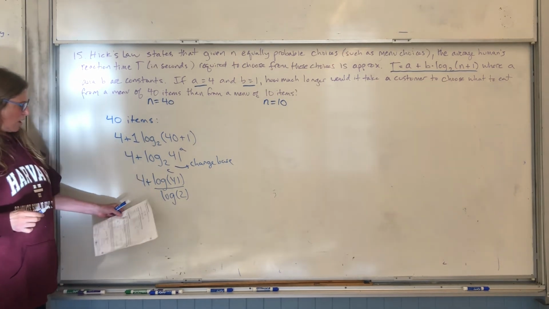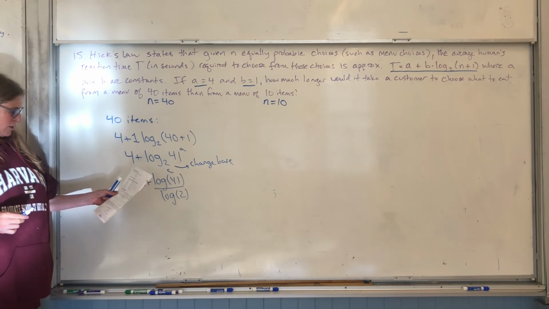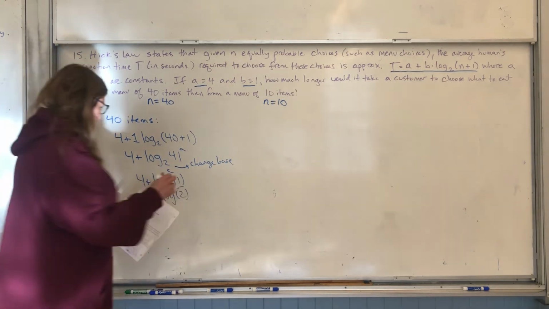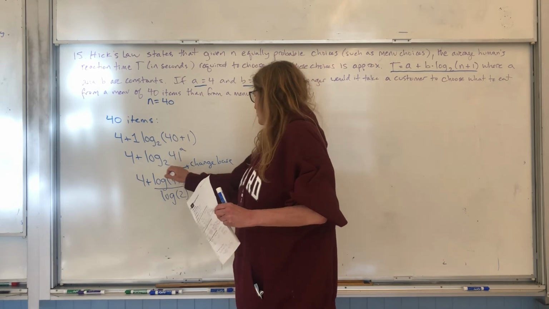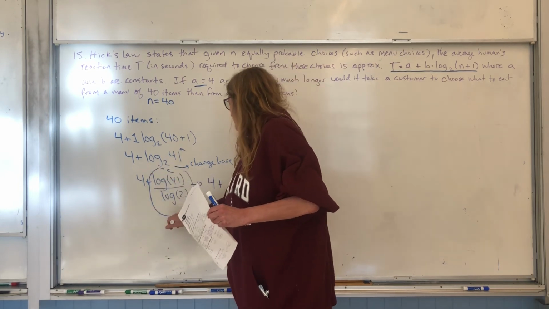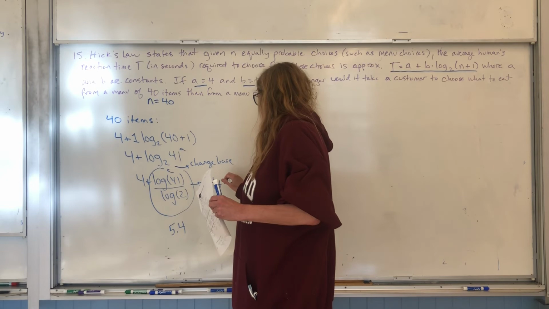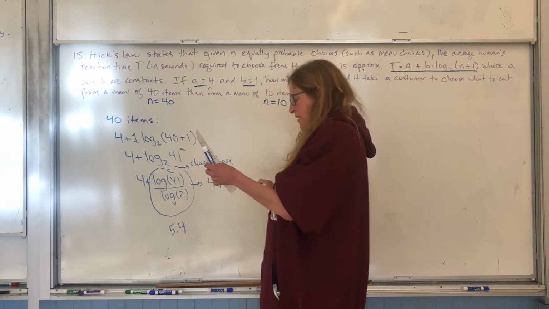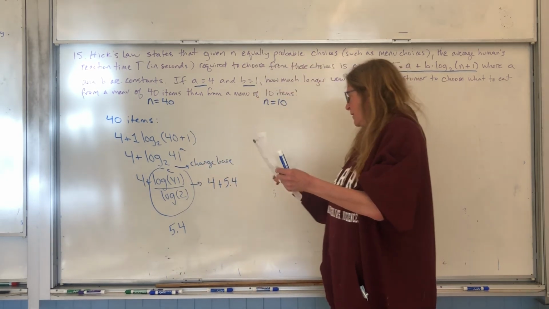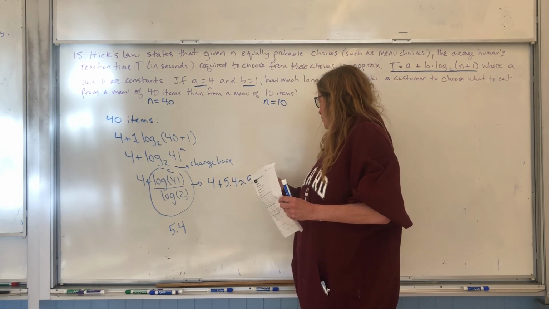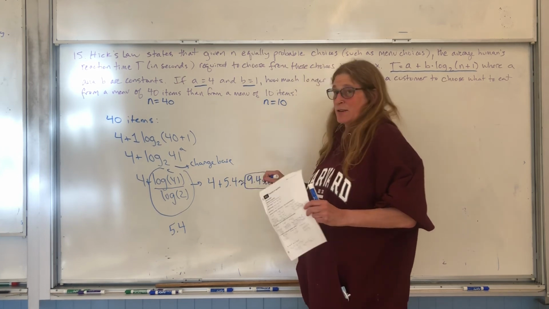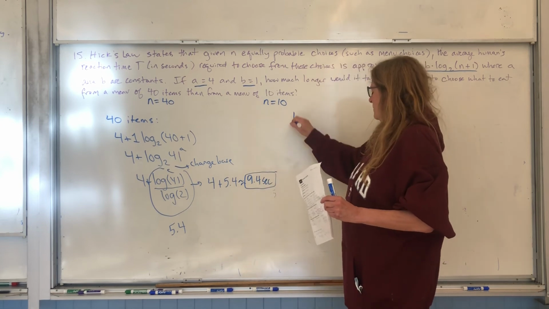If I do log 41 over log 2, I get approximately 5.4. So 4 plus 5.4 is about 9.4 seconds for a person to choose from 40 items. That doesn't sound likely to me, but oh well.